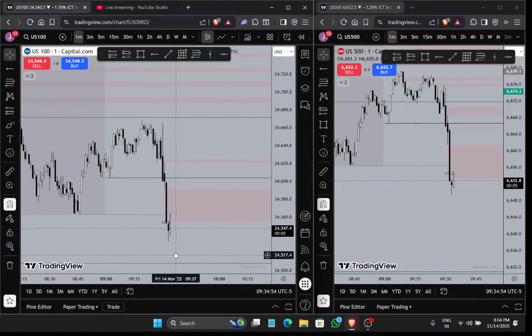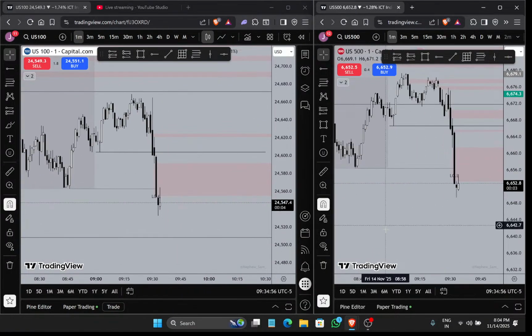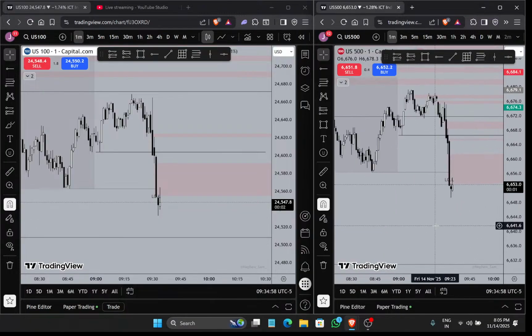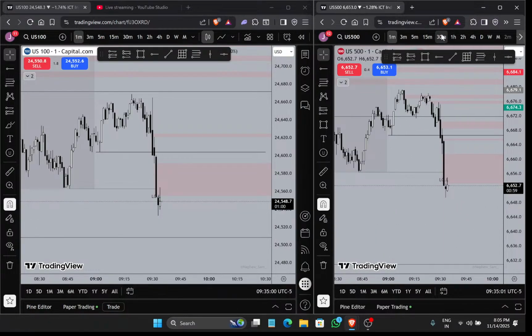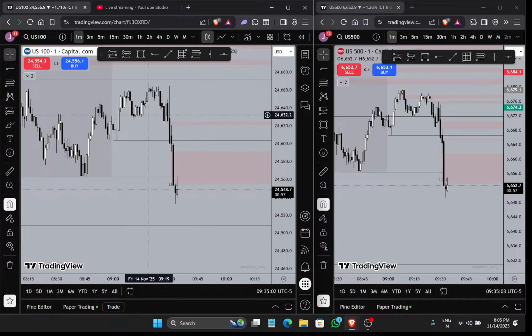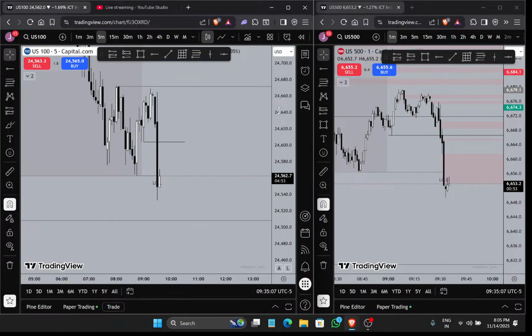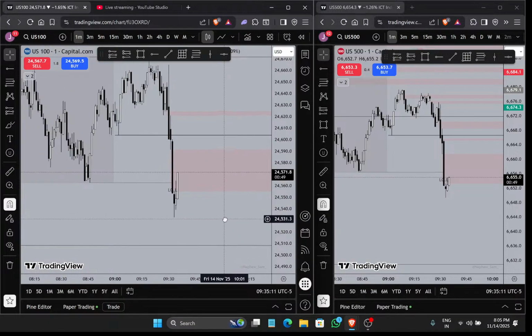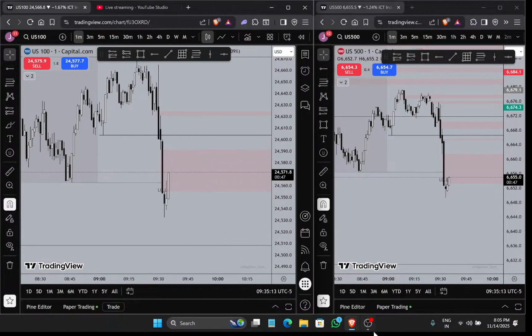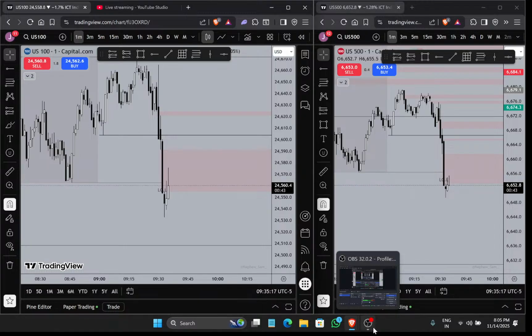We just swept the London low, so that will be nice and clean. Yeah, we closed the first 5-minute candle right here. Let's look at the 2 minutes here. We found it. 2 minutes.